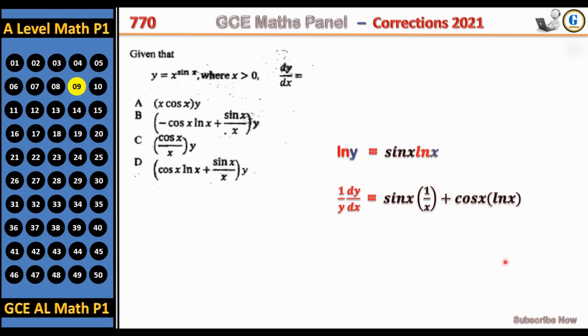So this is what we have. We now solve for dy/dx, or make it the subject of the formula, and our dy/dx will be equal to (sine x over x plus cos x ln x), all of that in brackets, times y. So this is the result that we have, and this gives us the key to be D.